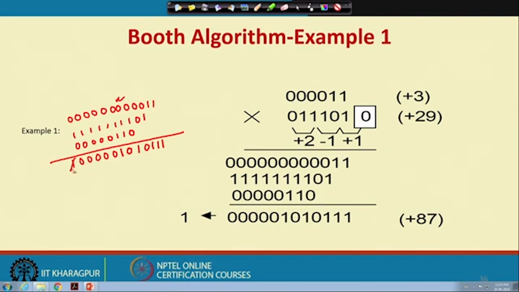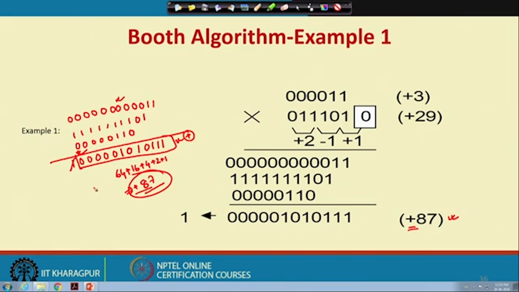So, this carry will be discarded. As the MSB of this is 0, this is a positive number. Okay. And what is the magnitude of this? The magnitude is 1 plus 2 plus 4 plus 16 plus 64, which equals 87. Okay. So, plus 87 is the result I am getting using Booth's multiplier or Booth's algorithm. Okay.